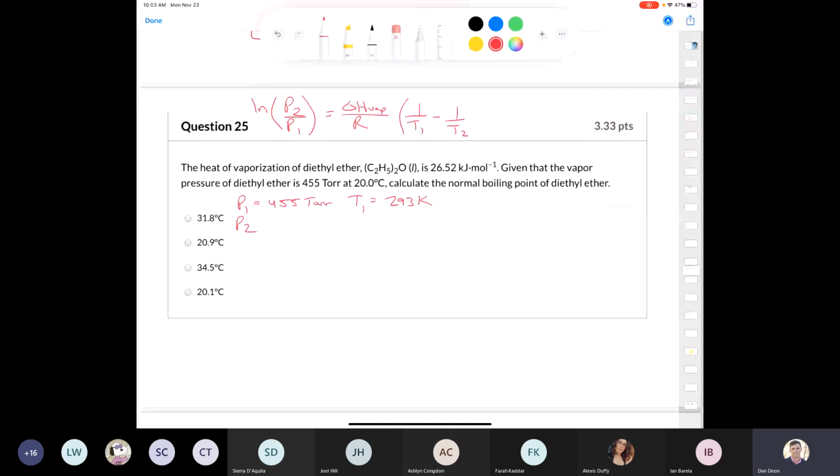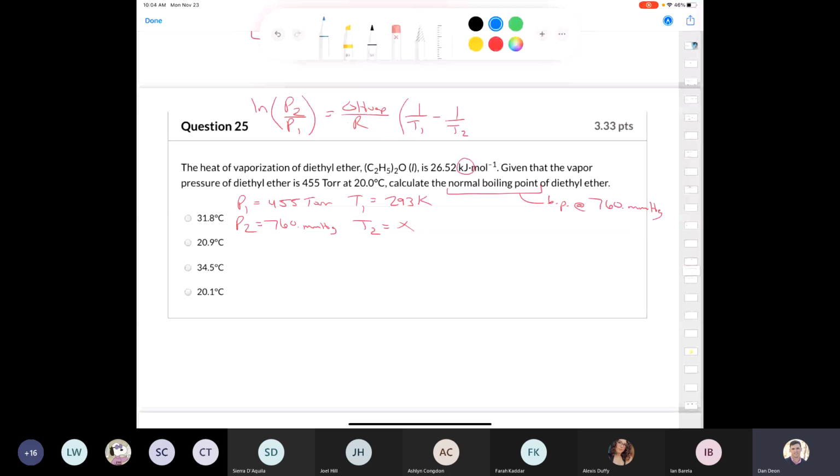Our P2, if it's the normal boiling point, is the boiling point at 760 millimeters of mercury. That's at sea level. So our P2 is going to be 760 millimeters of mercury, and our T2 is going to be our unknown, X. Okay, and we have our R. Our delta H of vaporization is given to us in kilojoules per mole. We can either convert it to joules per mole, or we can convert the R to kilojoules. I'm going to convert the R to kilojoules because that's how we did it in the last problem.